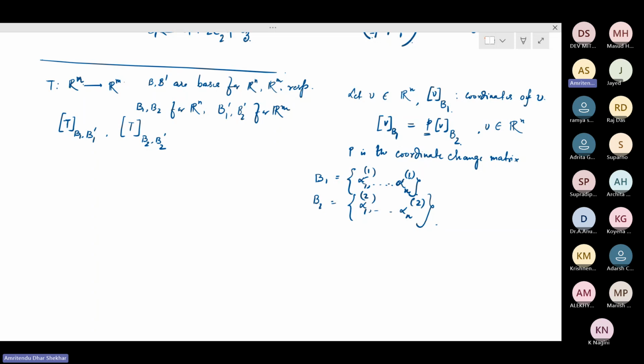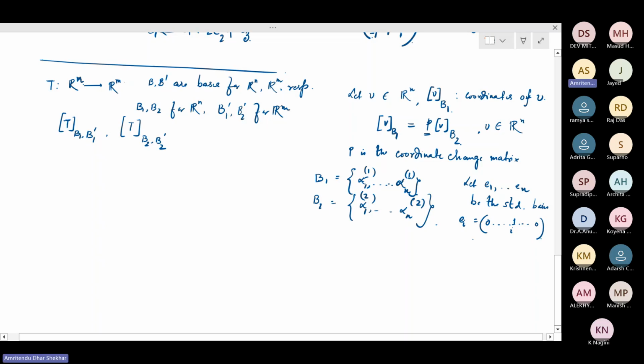So let E1, E2 up to En be the standard basis. Standard basis means that E i is equal to 0 at all but the ith position, where it's equal to 1, and it's 0 again.